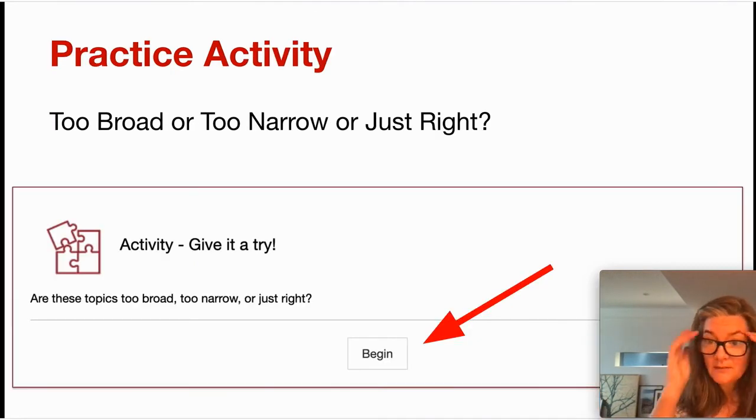There's a practice activity here on the slides. I think it would be cool to do it. It's that same website I mentioned before, and it gives you a few questions and asks you to think about whether they are too broad or too narrow, and you take a guess. It's light and easy, and gives you a little bit more in terms of examples of good questions.